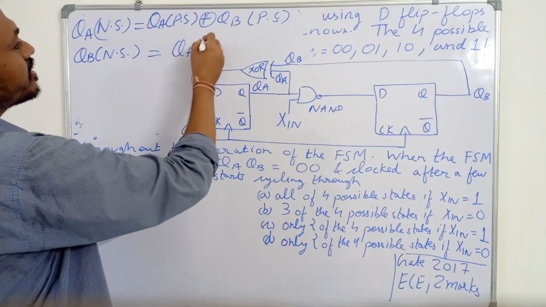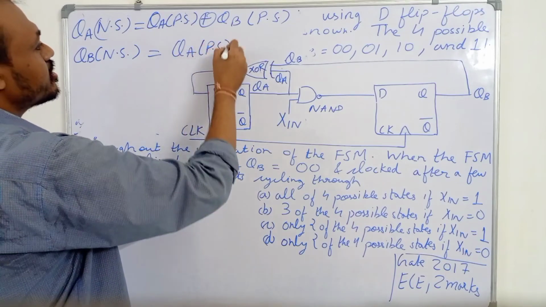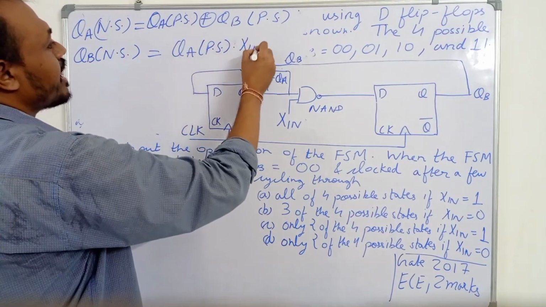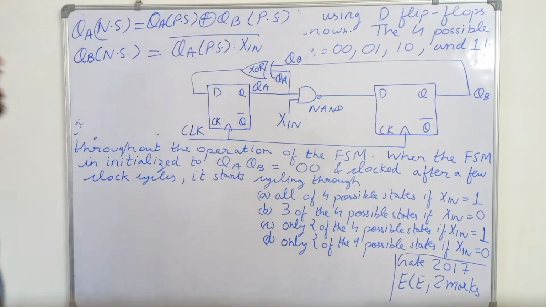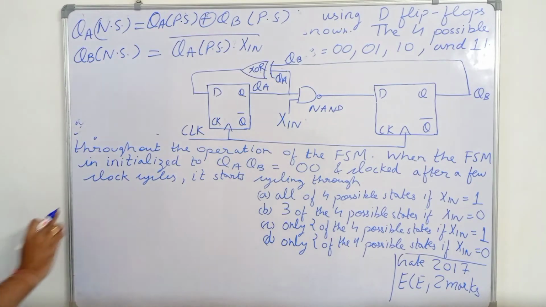So QB next state is QA present state dot Xin, complemented. These are the two equations. Now we will form the state transition table.